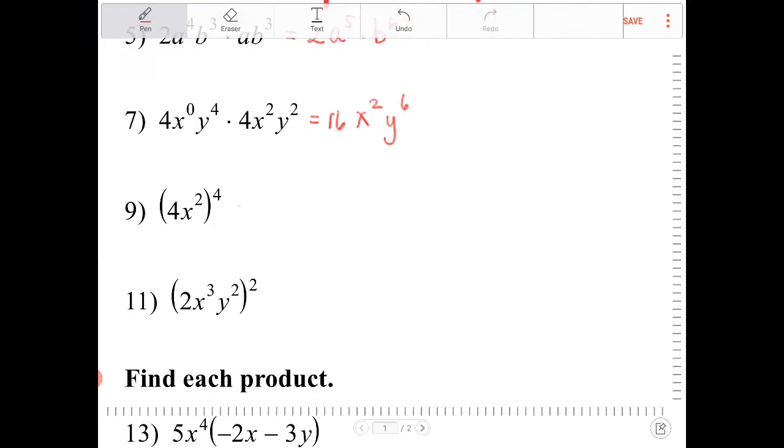Question 9. So now I have 4x squared to the 4th power. What exactly is this? This is saying 4x squared times 4x squared times 4x squared times 4x squared. That's what it's saying for us to do, right? So without having to write all this out, wait a minute, isn't this the same thing as 4 to the 4th times x to the 8th?